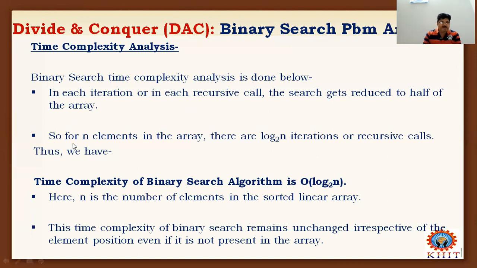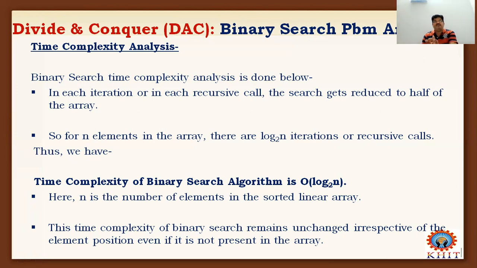So for n elements in the array, assume that the array size is n. Log n base 2 iterations are clearly required. To solve the problem by calling recursively, we require log n base 2 times. So the first iteration n by 2, second iteration n by 4, third iteration n by 8, fourth iteration n by 16, and so on till we reach 1.